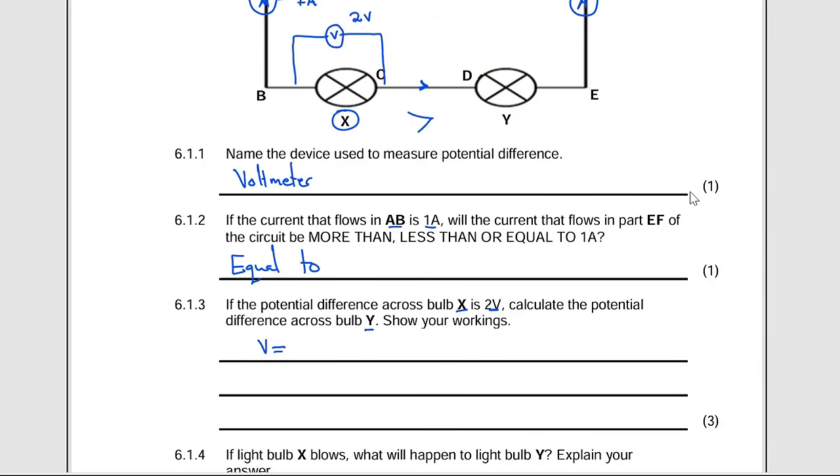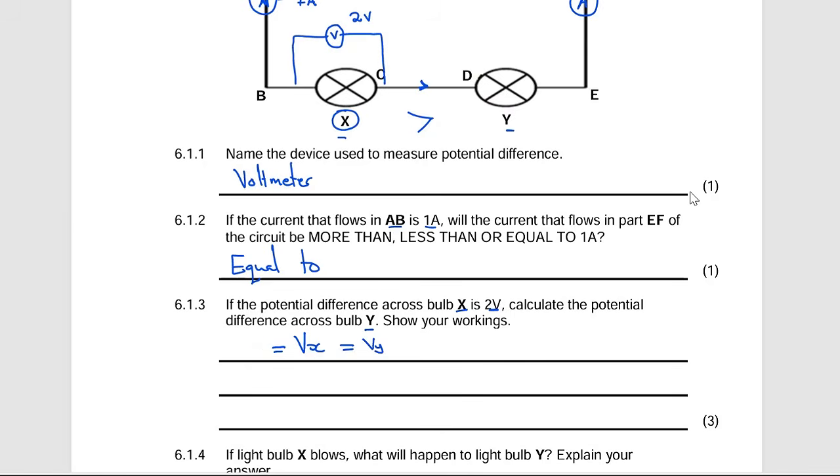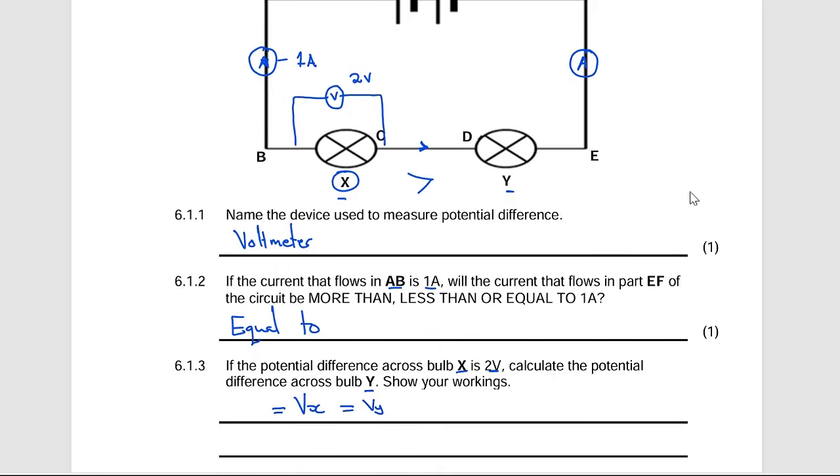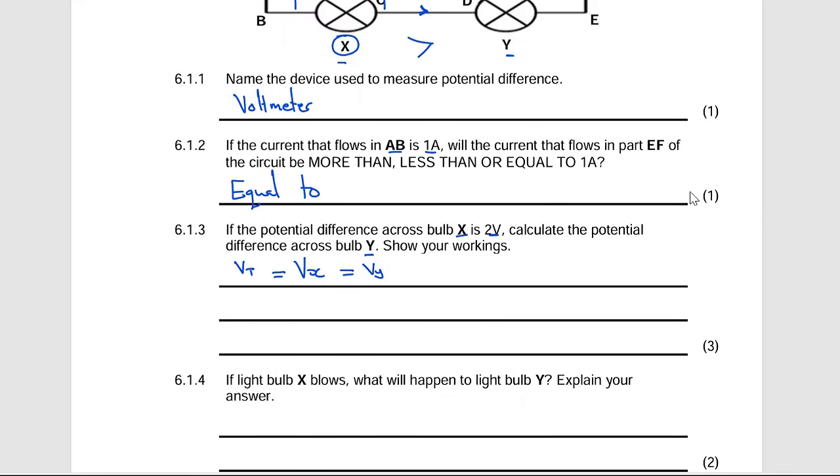So it means now we're going to add this one and that one, so it's a voltage that we see at point X, I'm going to use an X there, plus the voltage at point Y. Then let's start with the total voltage. We're given a total voltage of 2 cells, which is 3 volts. So I can just say VT, which is our voltage total, is equivalent to VX plus VY.